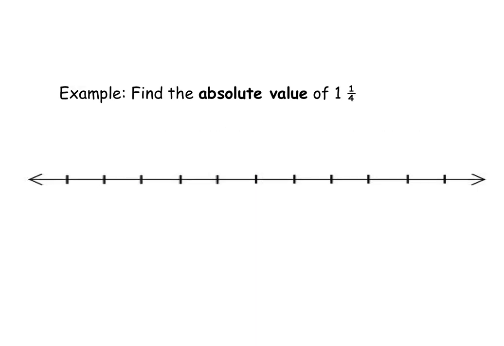Sometimes we'll take the absolute value of a rational number, in this case 1 1/4. We can still use a number line because here's 1, and then if we split this up, there's 1 1/4. The distance between 0 and 1 1/4 is 1 1/4.